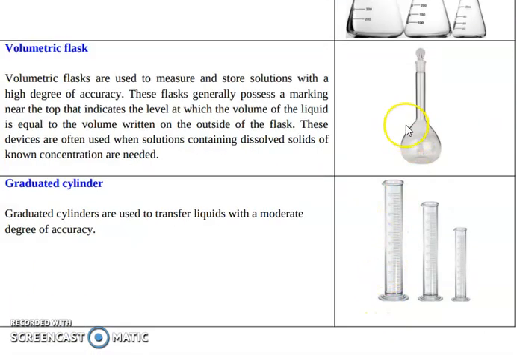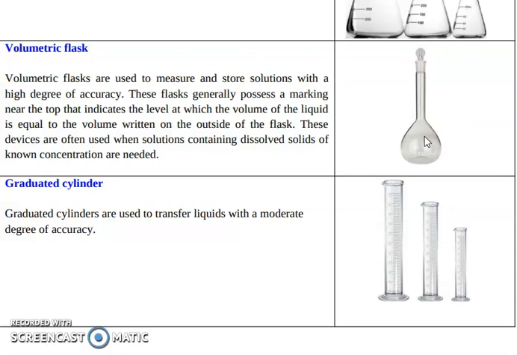Now, my friends, you can see this glassware. This is known as volumetric flask. Volumetric flasks are used to measure and store solution with a high degree of accuracy.